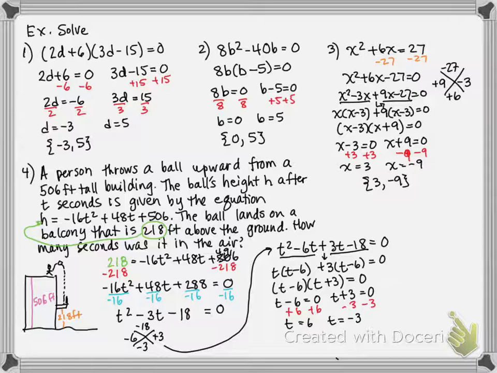Now, we have to use some logic here. We can't have something in the air for a negative time, so you have to look for answers, and if they aren't reasonable, then we check them out. So we would say, we're going to use this as our answer.